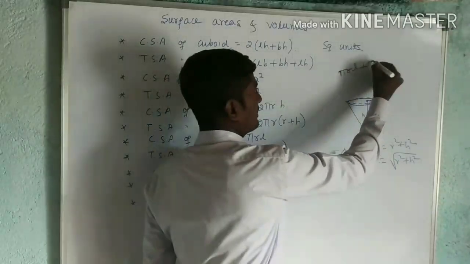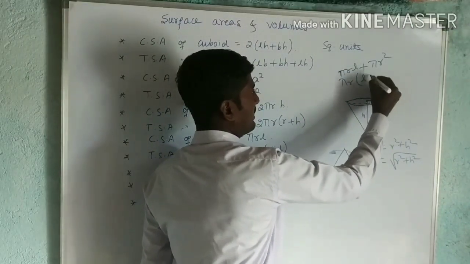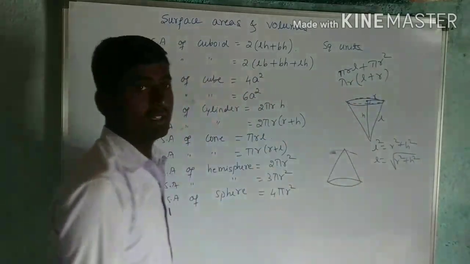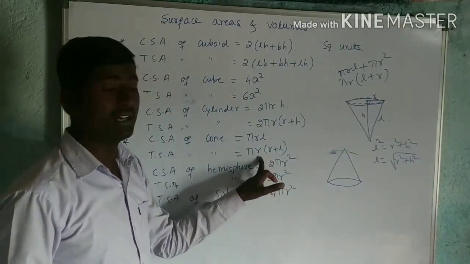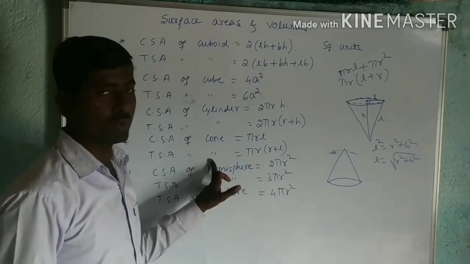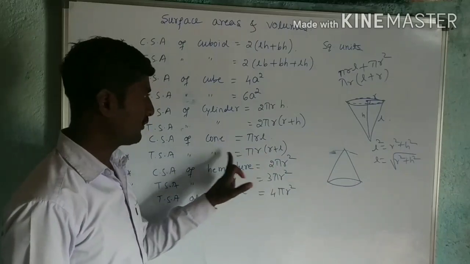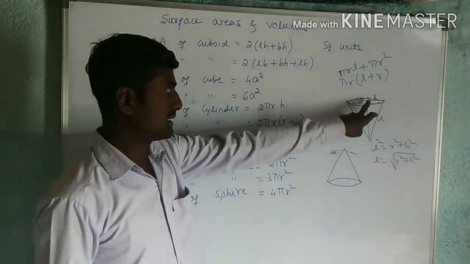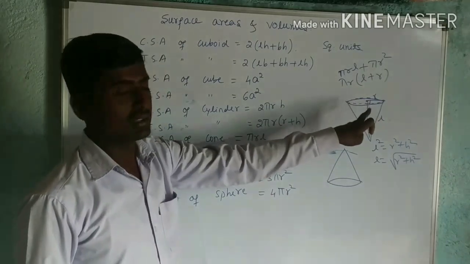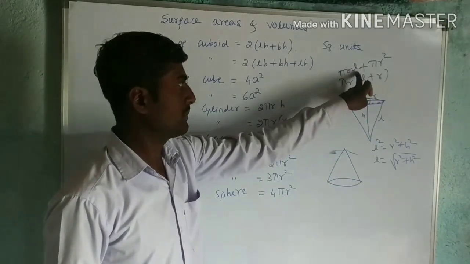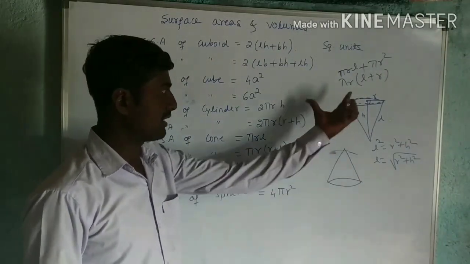Take pi r common; inside is L plus R. So this is pi r into (R plus L), and this is the TSA of the cone. Pi r into (R plus L) square unit is the TSA of cone. So this is closed, one extra circular area will be there, plus pi r square. CSA plus pi r square will give us the TSA of the cone. Okay, this is all about the cone.